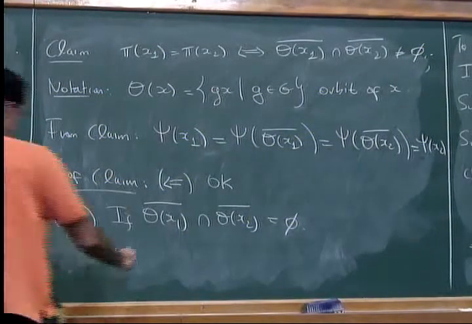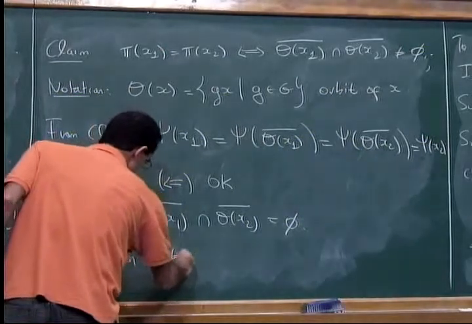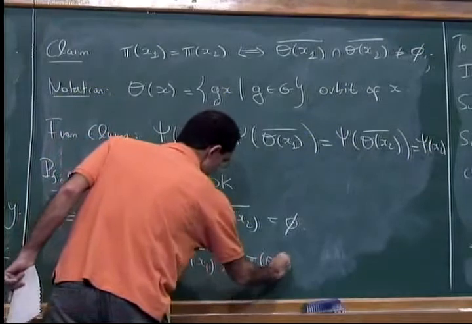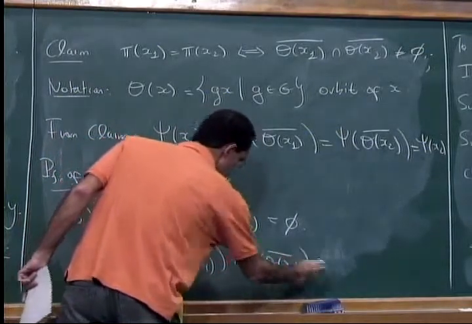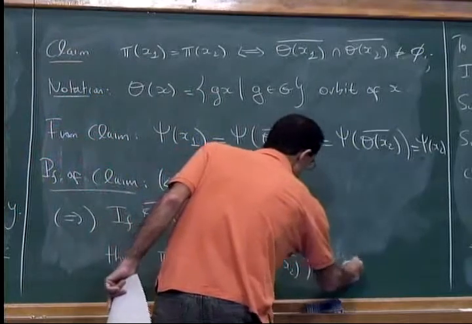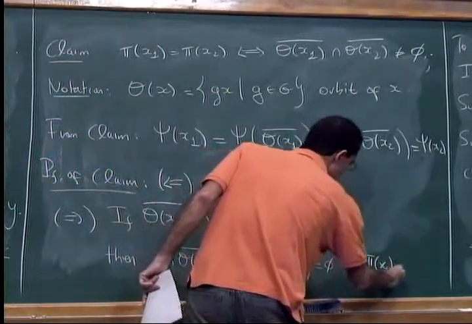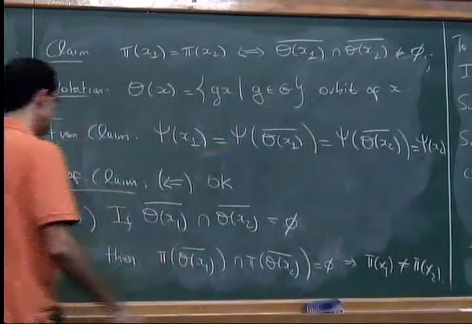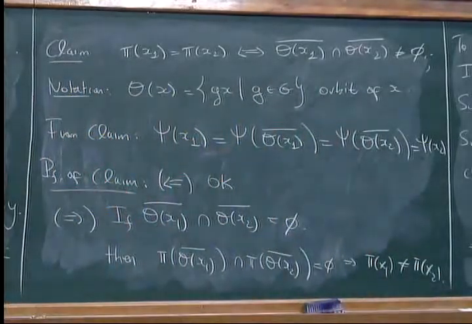So the images must be disjoint. But their images are just points: the point pi of x1 and the point pi of x2.